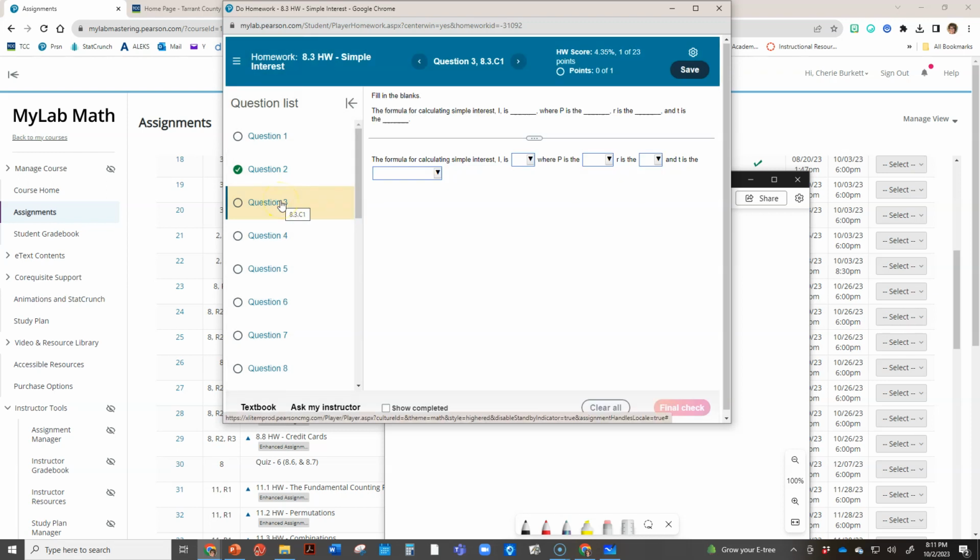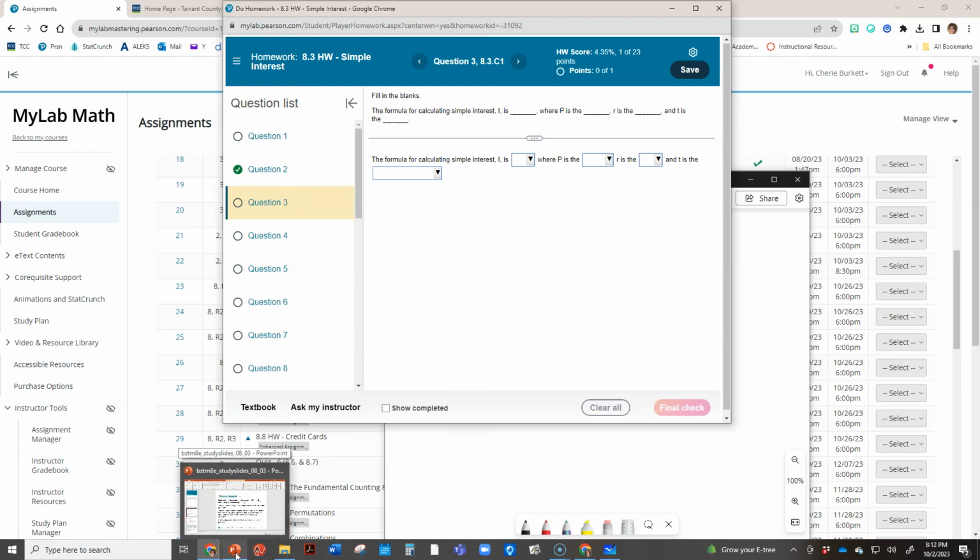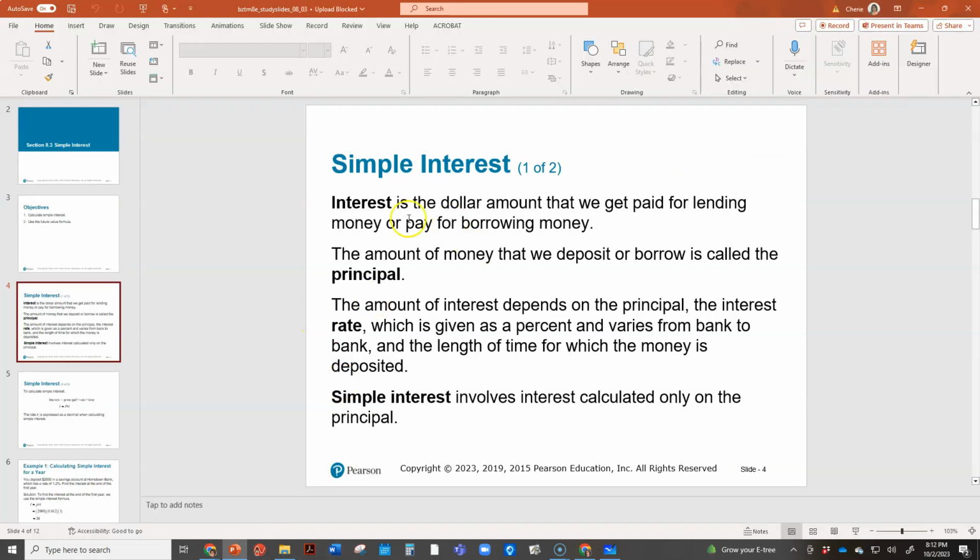Okay, this formula is in your study cards, and I pulled your study card out. Here is the definition. This whole section is over simple interest. Here's the definition of interest, the definition of principal. The term rate and simple interest involves calculating interest only on the principal.